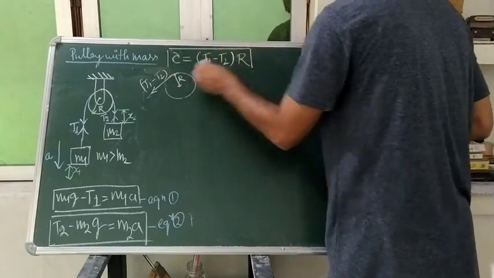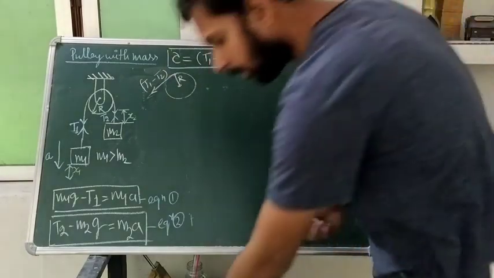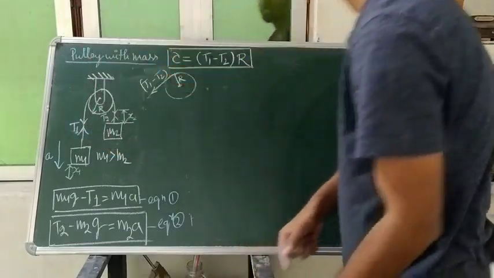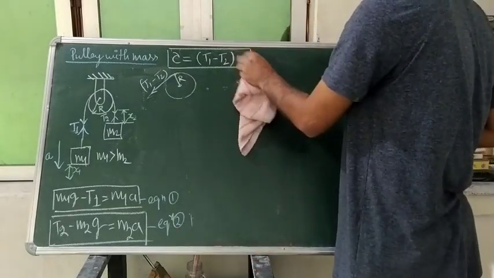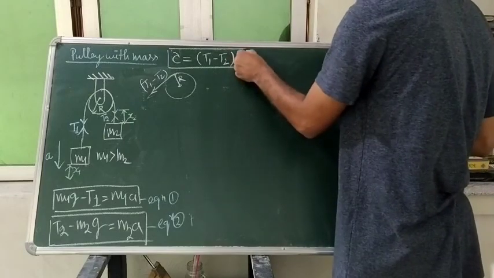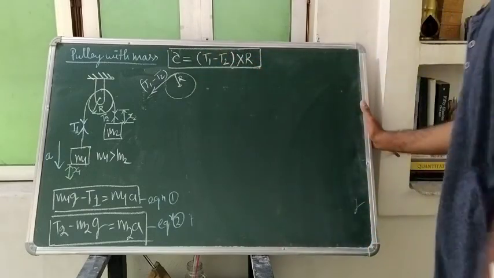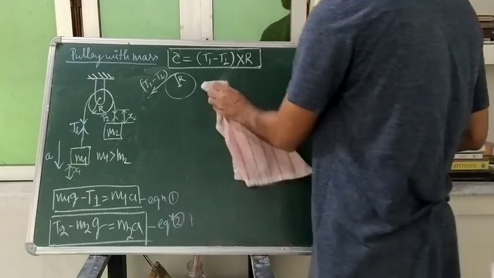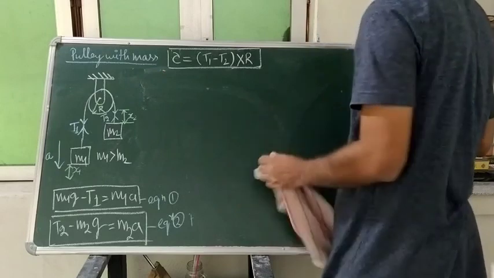So this torque should be equal to this. Actually, it will be the cross product. We will study in vectors that there is a dot product and a cross product. So it is the cross product of the force and the perpendicular distance.